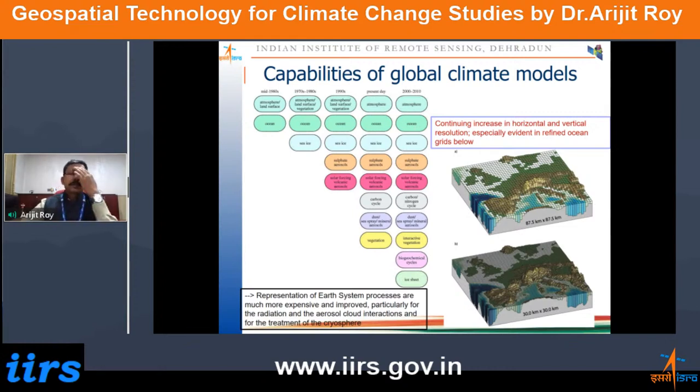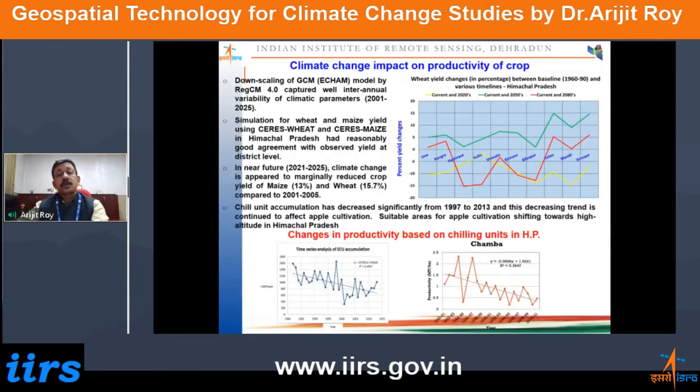So now I'll be going through a few examples of how we are using Earth observation systems for identifying the impact of climate change on various ecosystem processes. Like crop productivity, for example. Various models have shown that due to changes in the climate, there are going to be significant changes in final yields, mostly of horticulture crops as well as cereal crops.